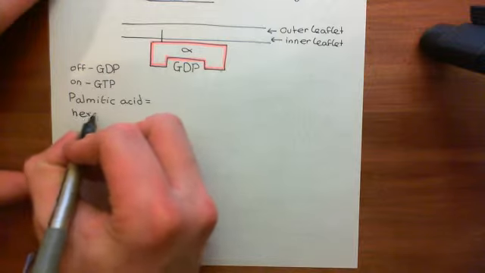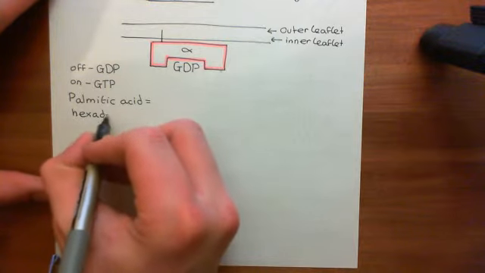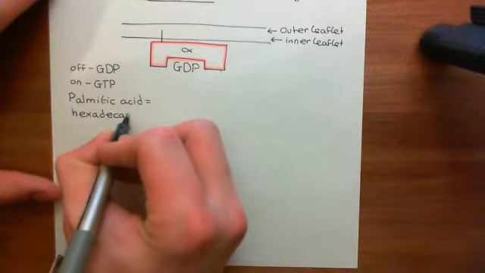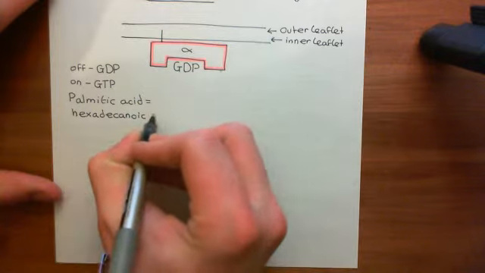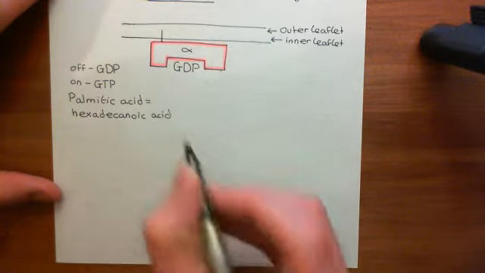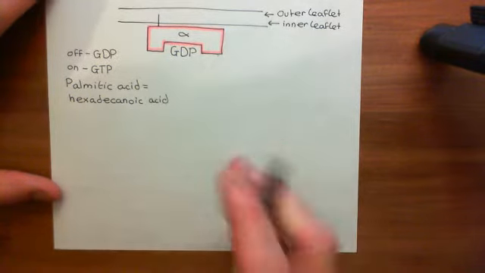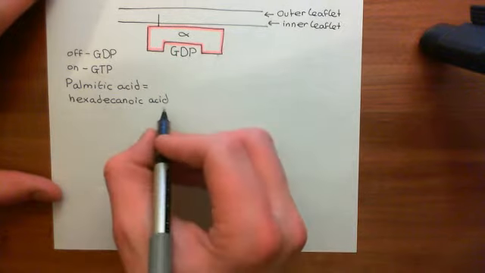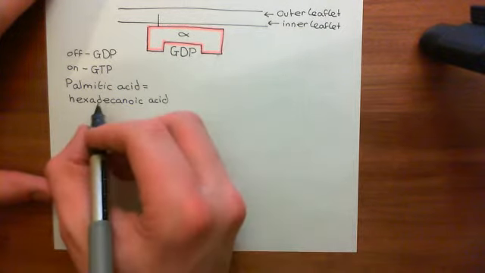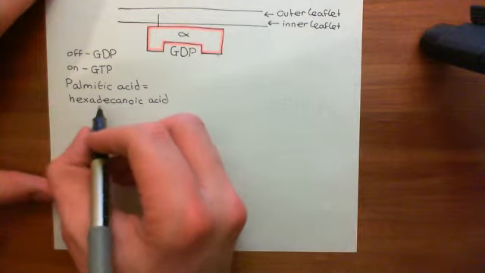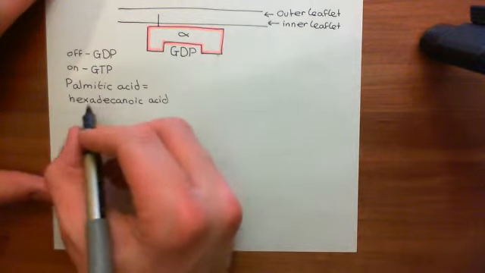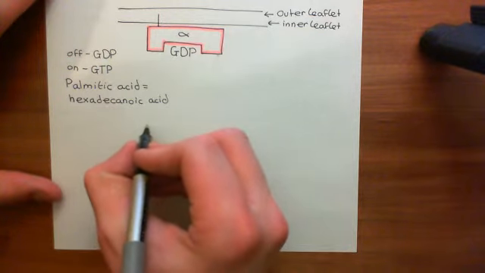Palmitic acid is the old name for a molecule that would now be called hexadecanoic acid. Although hexadecanoic acid is a bit more of a mouthful, it's a useful name because it tells us exactly what we're dealing with here. It tells us we're dealing with a fully saturated carboxylic acid which has 16 carbons.